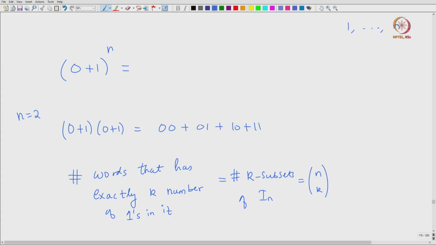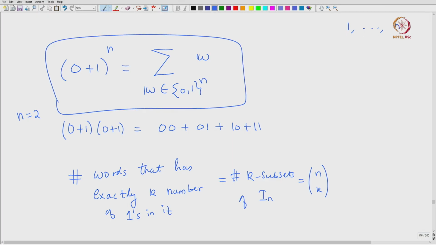Okay. So, that means this is something we can rewrite as a summation over all possible words, where the words come from {0, 1}^n. So, this is what we have as a formal identity. Now we can replace 0 by x and 1 by y, or vice versa.